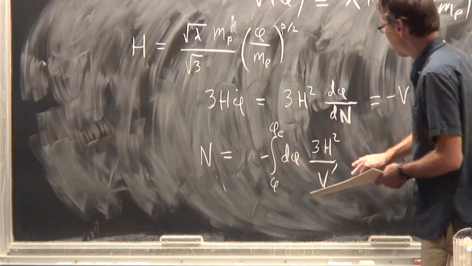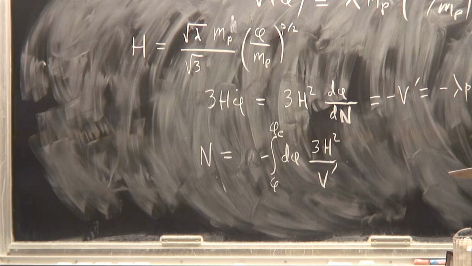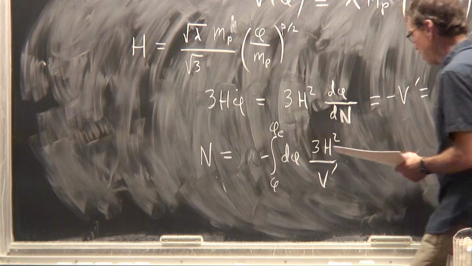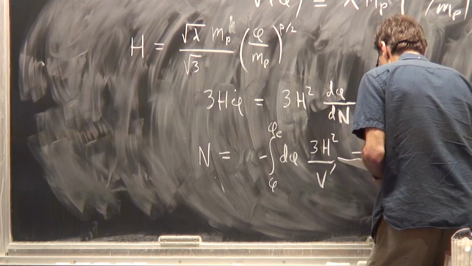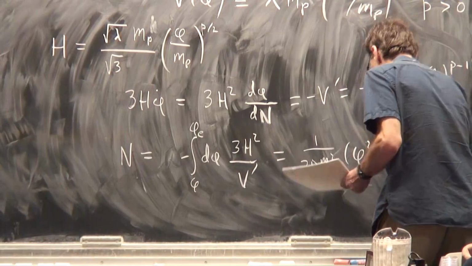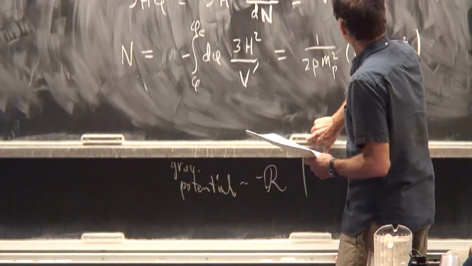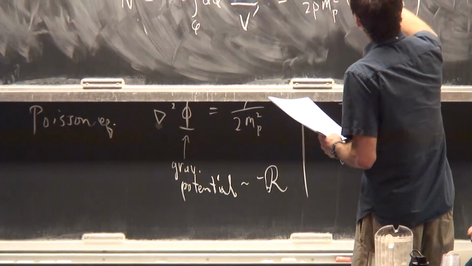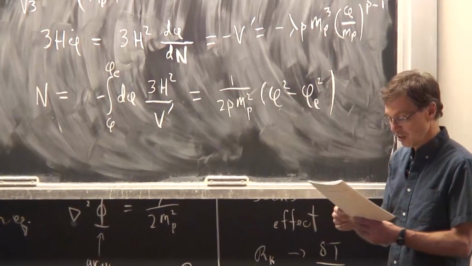So actually, this is the general formula. And now if we plug in for H squared and V prime, we find that this is just 1 over 2p m Planck squared, phi squared minus phi end squared. And then we can invert that and solve for phi as a function of N.